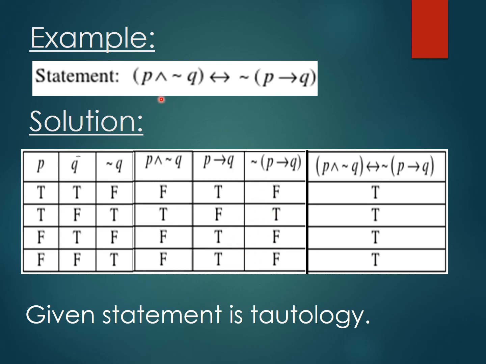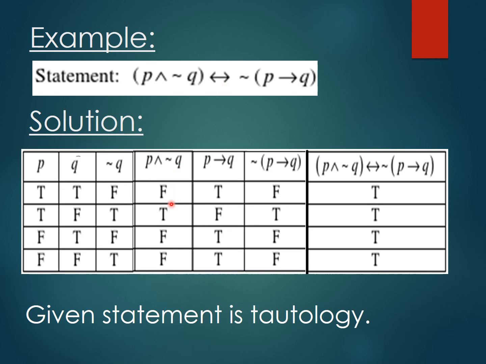Next is the answer, where we take the equivalence, or if and only if, of P and not of Q and not of P implies Q, meaning the fourth and sixth columns. When you take if and only if of these two, we know that if and only if means that if both have the same truth values, then the answer is true. That is, if both are false or if both are true, then the answer is true. Otherwise it is false.